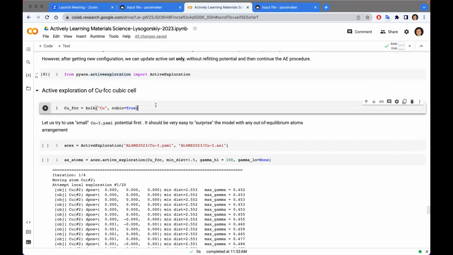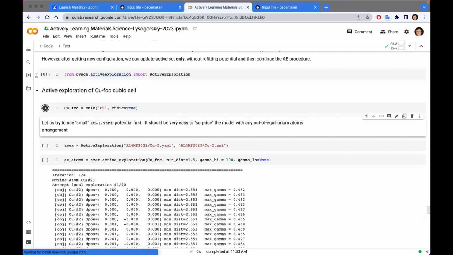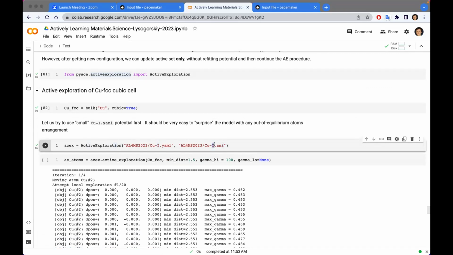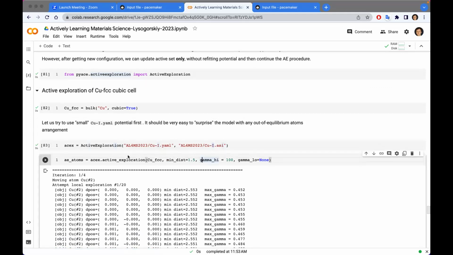How would you generate them? You can run MD dynamics with LAMMPS and so on, or you can try to use this active exploration. So I start by generating copper FCC, set up this active exploration where you have to provide the original potential and original active set, and we can call this active exploration.